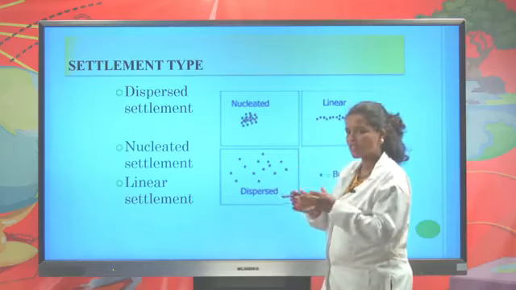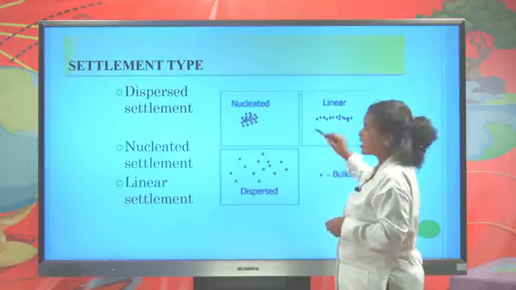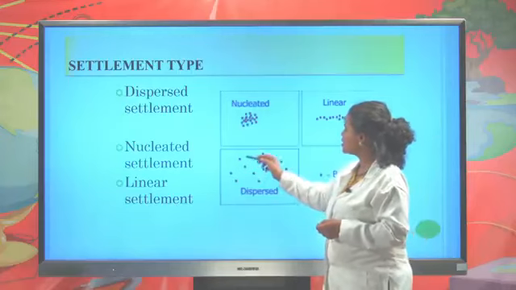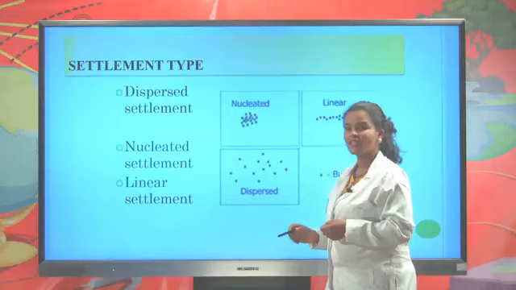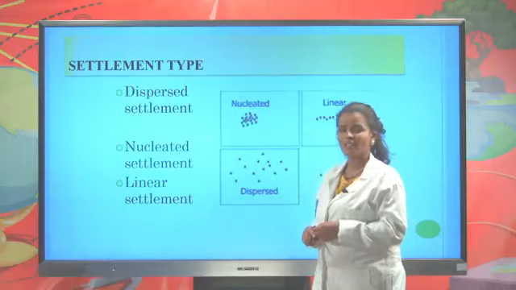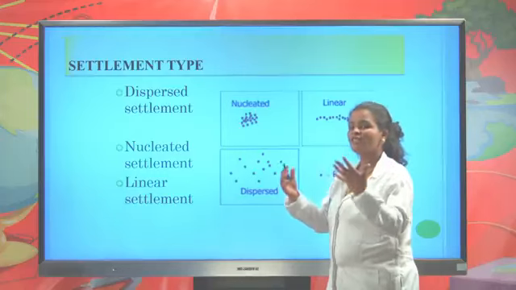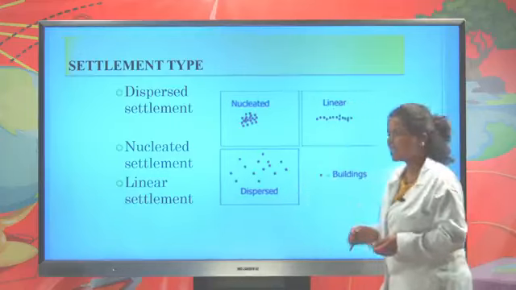The settlement is close together. A linear settlement has an elongated shape, and this type of settlement is known as dispersed settlement. It is a scattered settlement.